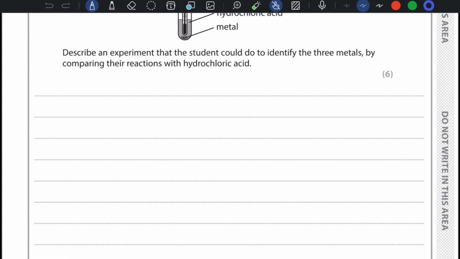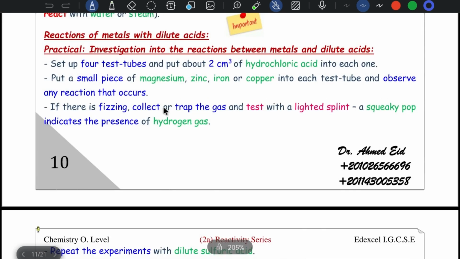So let's check this part first. It's asking about reactions of metal with dilute acid. It's considered a practical investigation. Let's read this practical investigation at the beginning before solving the question. Practical is considered an investigation into the reaction between metal and dilute acid.